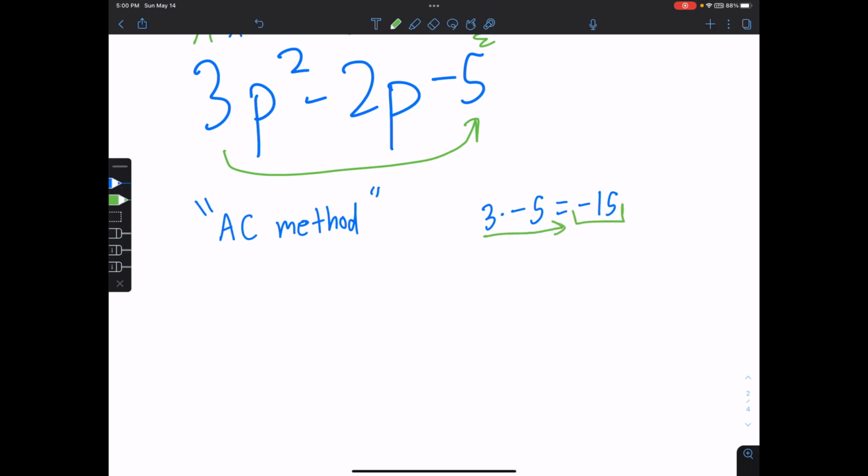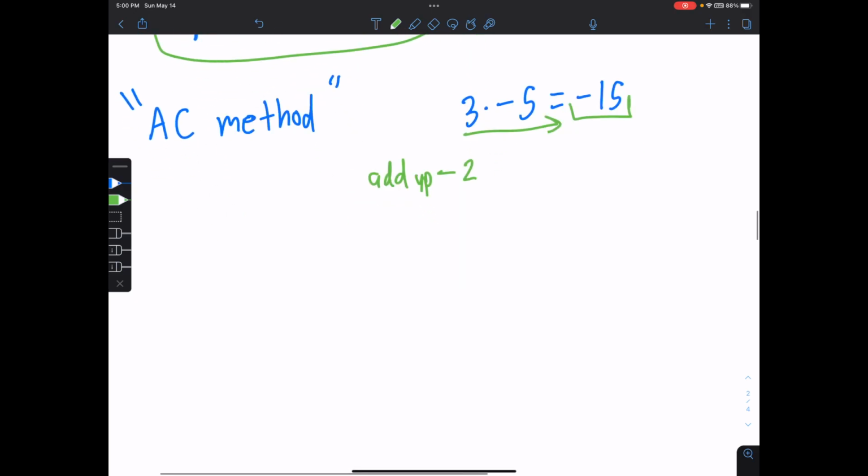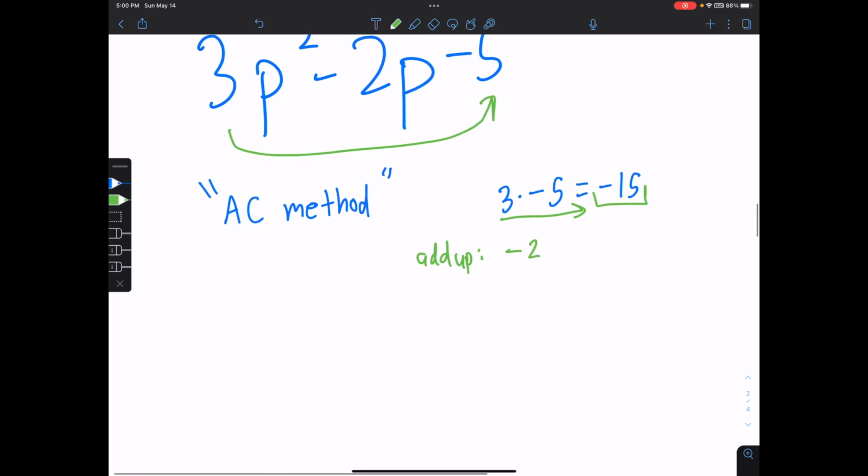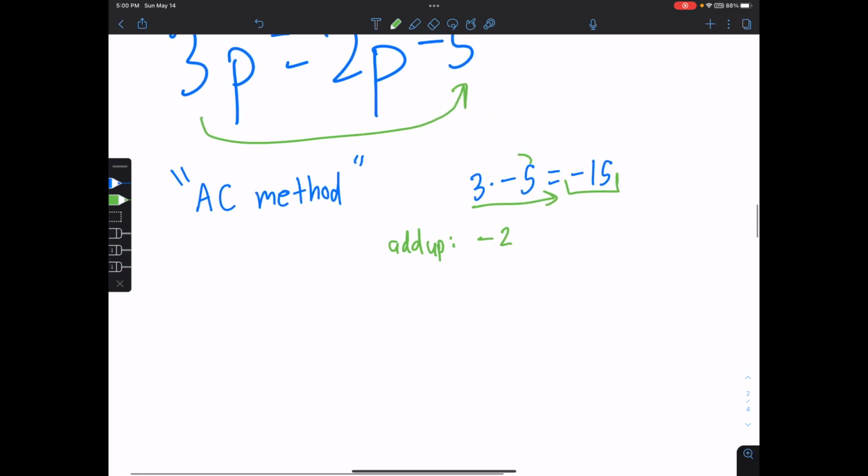And add up to negative 2, right? And that's actually so easy because we didn't multiply it out, right? It is 3 and negative 5.